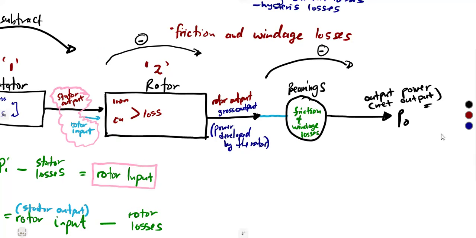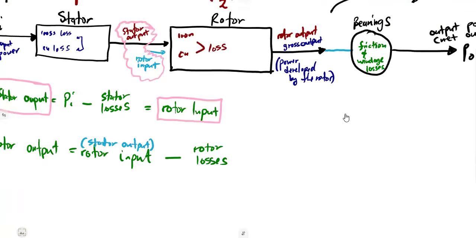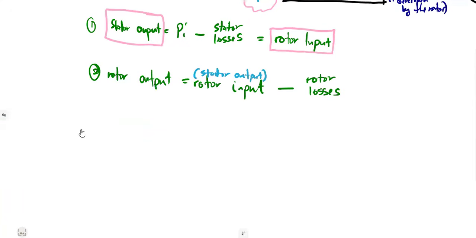So just like the previous case, we can now calculate that output power from where we are. The output power, which is our net output, P out, the net power, can be given as follows.